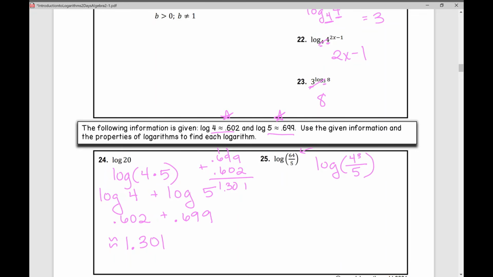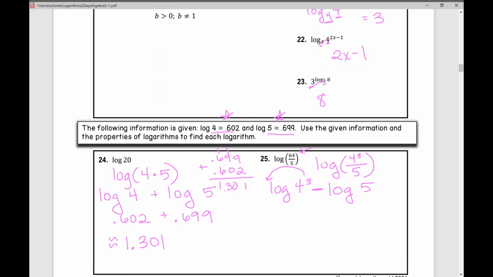And now let's expand this using our properties of logarithms. So we've got a quotient here. So I know that I can take the log of 4 cubed and I can subtract the log of 5, right? We can subtract. But I'm not done. I can use that power property to do what with this exponent right here?